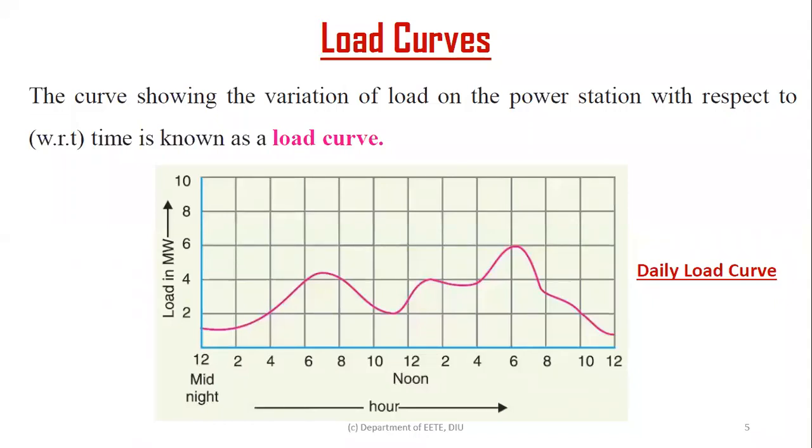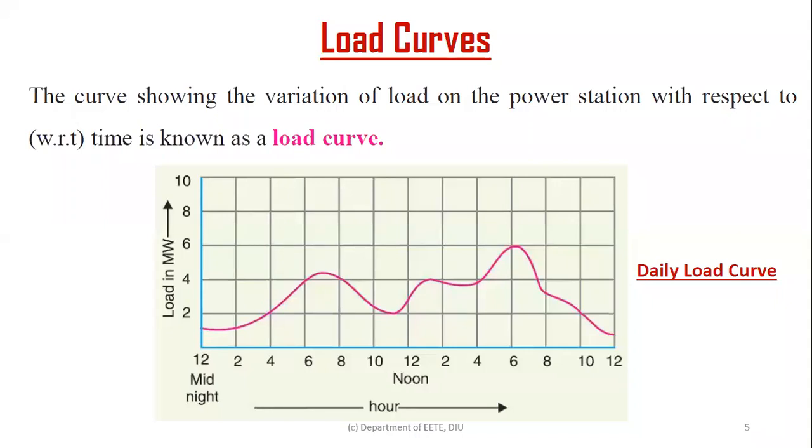If we record that data every half an hour, then for a total of 24 hours, that means 48 data points. The power will be some value, 2 megawatt, 4 megawatt, 6 megawatt, 8 megawatt, something like that.